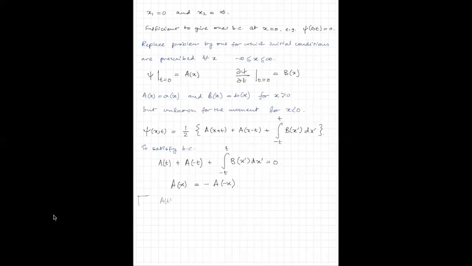So you have a of t plus a of minus t plus the integral from minus t to t of b of x prime dx prime is equal to 0. Now let's interchange t and minus t. So a of minus t plus a of t plus the integral from t to minus t of b of x prime dx prime is equal to 0. So what have we done? We have just interchanged the variable.